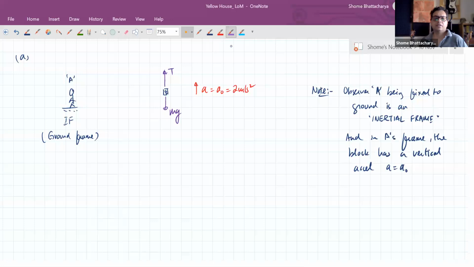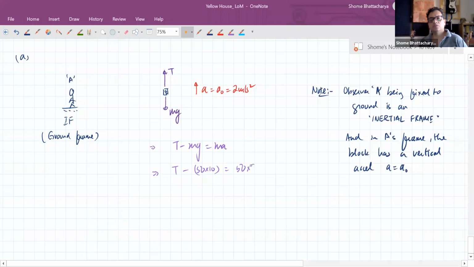So he will write that T minus mg is equal to ma. So T minus 50 into 10 is equal to 50 into 2. So according to him, the tension should be 600 newtons.